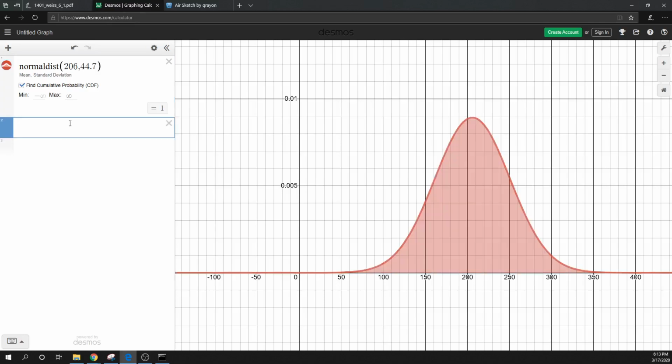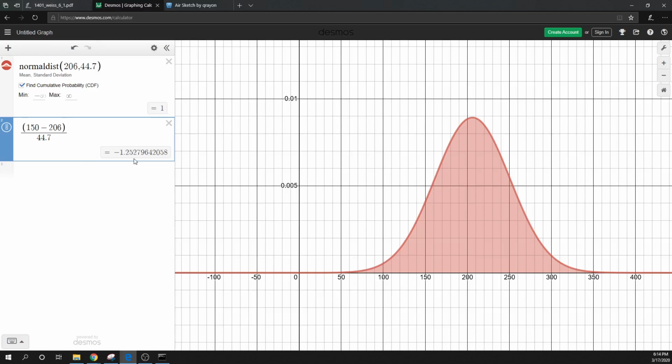So 150 minus 206, and then divide that by 44.7. We get minus 1.25 to 2 decimal places.